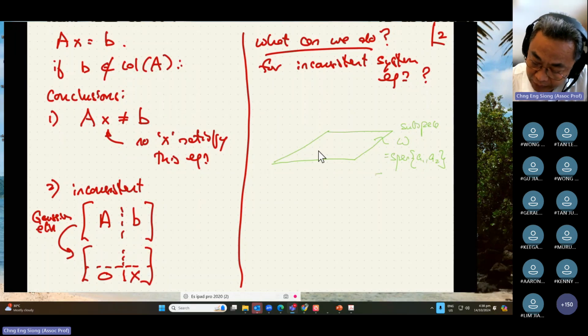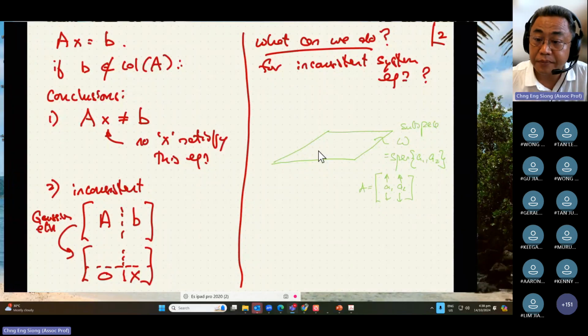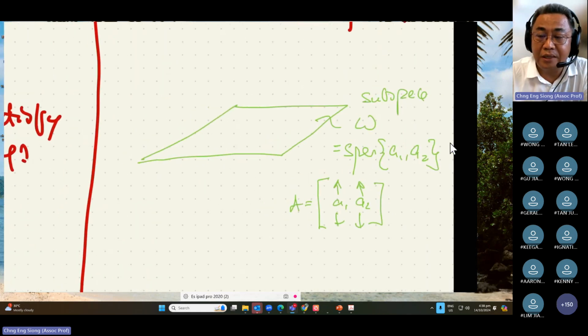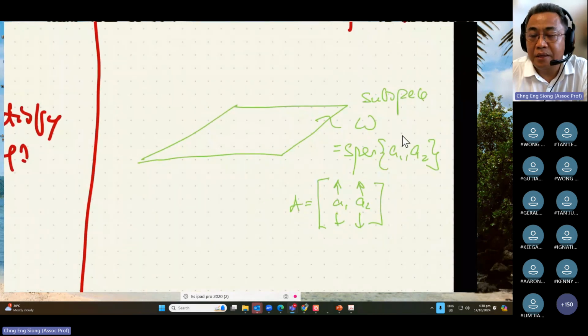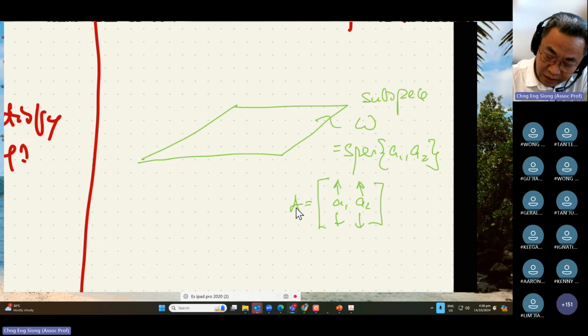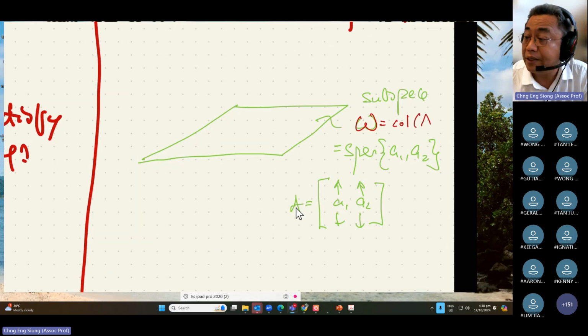And we put A1, A2 here, and we call this A. What else can we say about A? I'm giving you the names. W is a span of A1, A2. I put A1, A2 as A. I can say what? Typically, I like to say W equals the column space of A, right, guys?